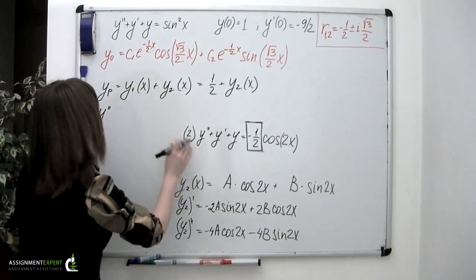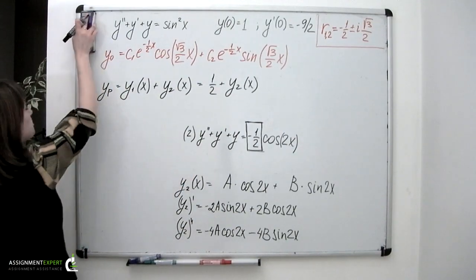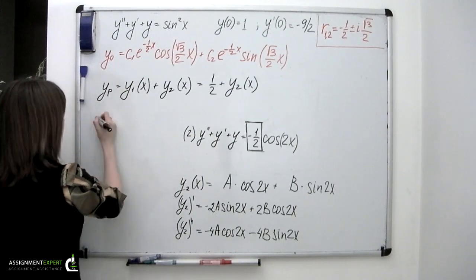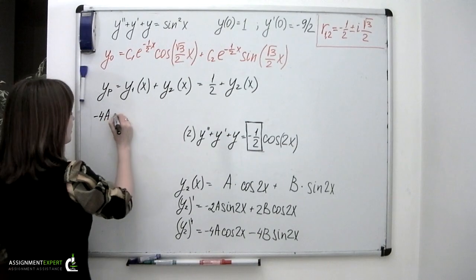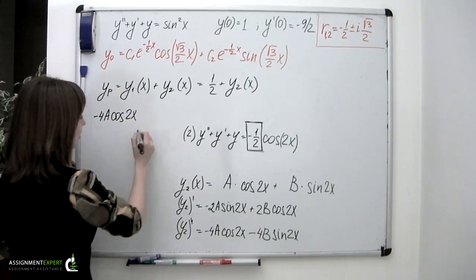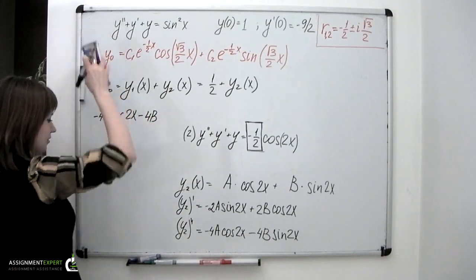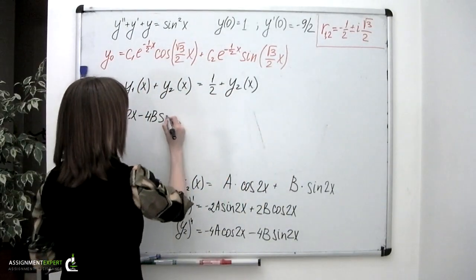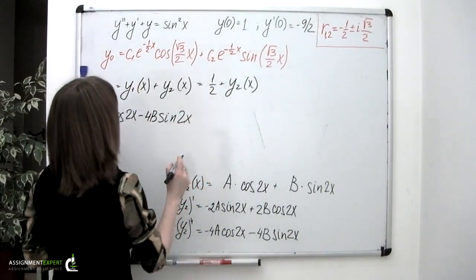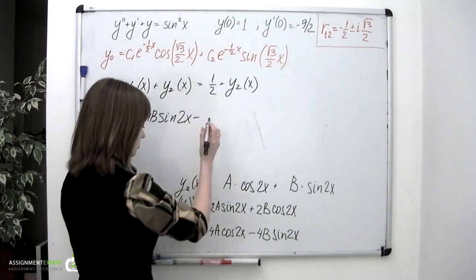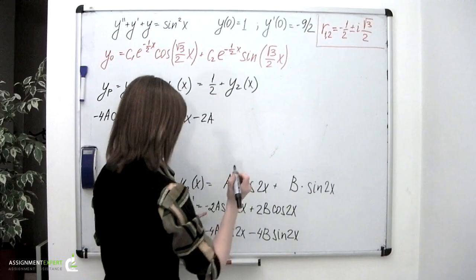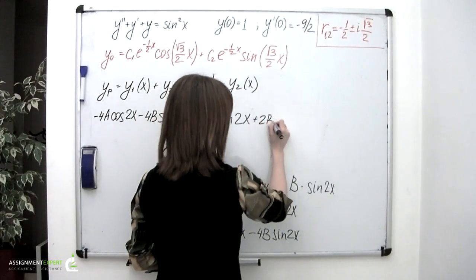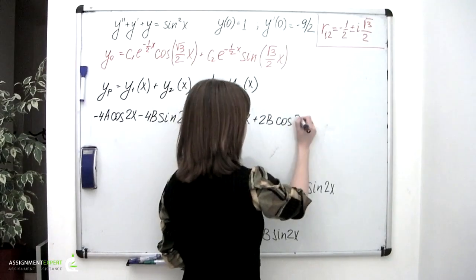I won't need to write y double prime one more time, so I'm just writing here this expression for y double prime: negative 4a times the cosine of 2x minus 4b times the sine of 2x, and then we add the first derivative, minus 2a sine of 2x plus 2b cosine of 2x.